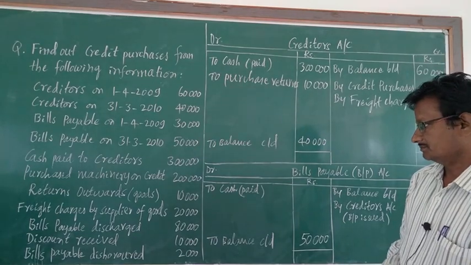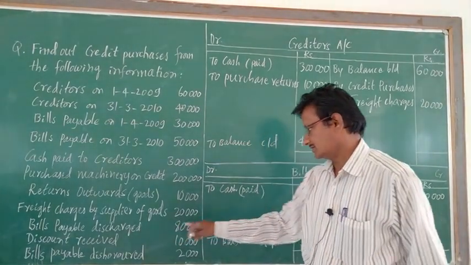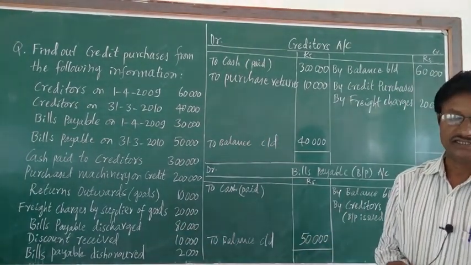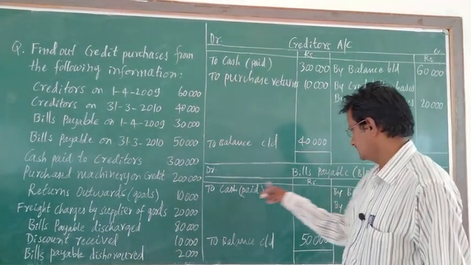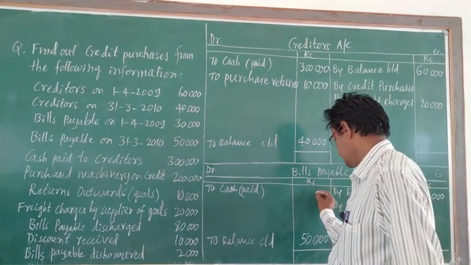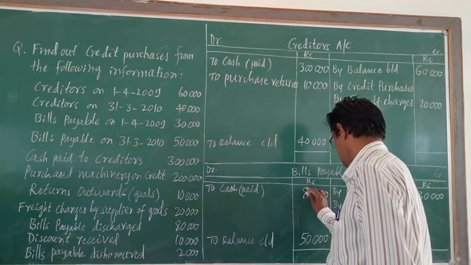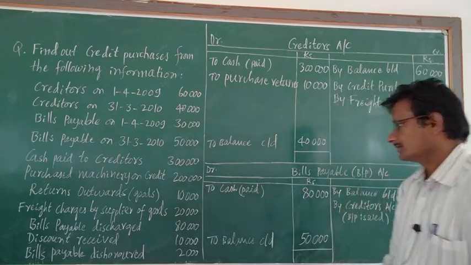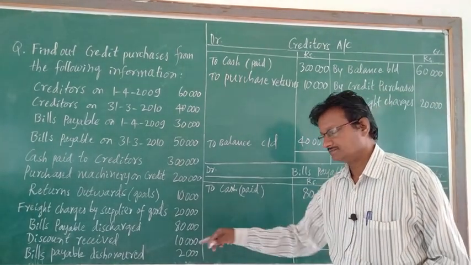Next item is bills payable discharged. Bills payable discharged 80,000 means cash paid on maturity of bills. So here we have to make entry in the bills payable account as to cash paid, 80,000. Next item is discount received, 10,000.